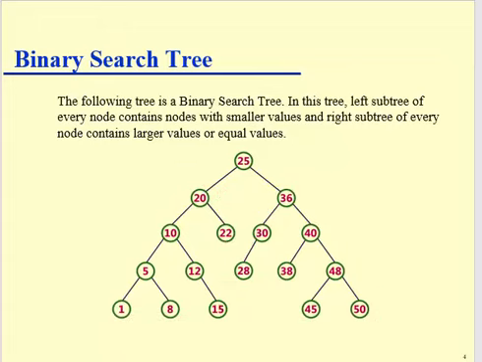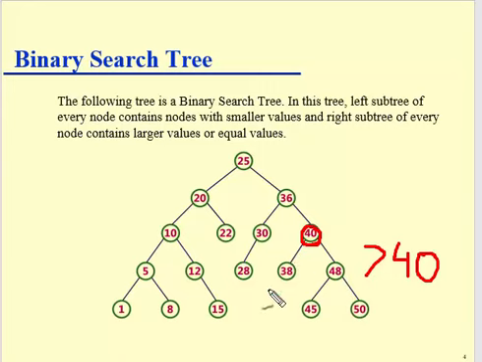Now take any other node, because it should be true for all the nodes. You take 40. Okay, that means all the nodes that are on the right side should be greater than 40. Now here take this one, you have greater than 40. In this right subtree you are having 48, 45, 50, they are greater than 40.